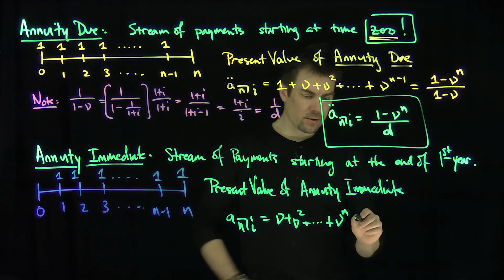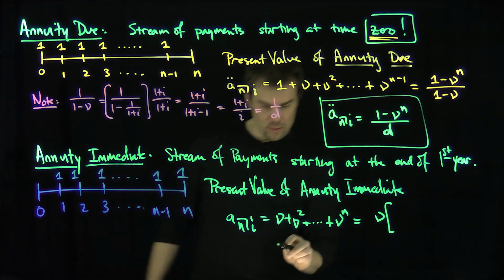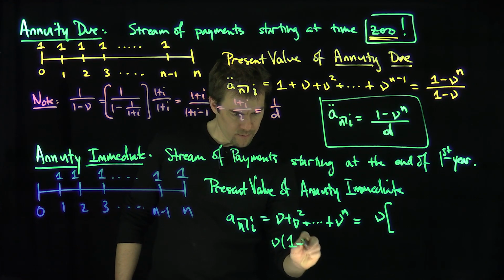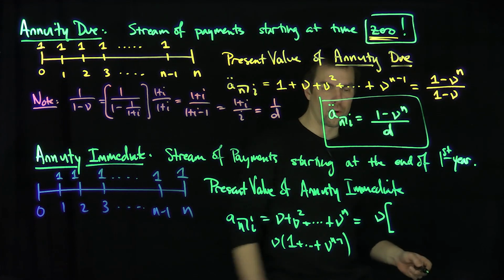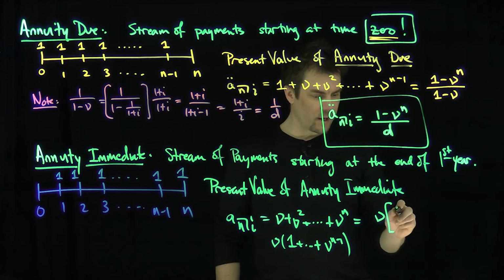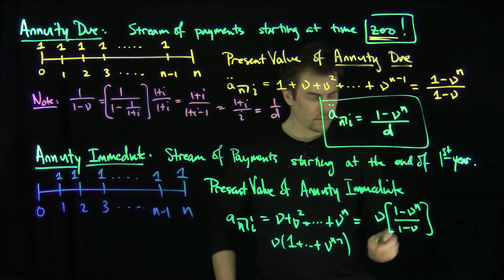And so there's a common factor of nu over here. So this is going to be nu times, if I pull out a nu, 1 plus all the way down to nu to the n minus 1. That's just the annuity due formula. So I can plug in the annuity due formula over here: 1 minus nu to the n over 1 minus nu.